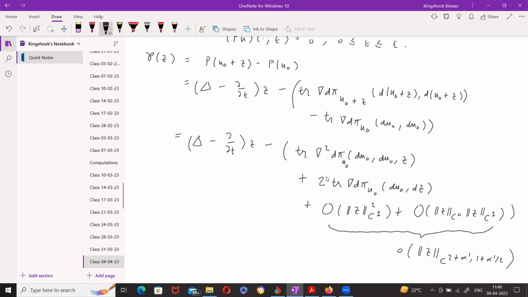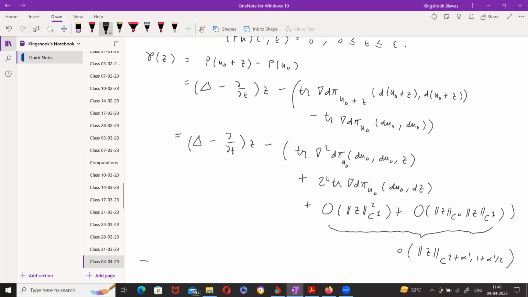So, I mean, this z C1 norm is less than this Holder norm. So when I have it squared, this will be less than this Holder norm squared. So that's a little o of this. And similarly, each of these C0 or C1 norms are less than the Holder norm. So the product will be less than this squared. Okay.